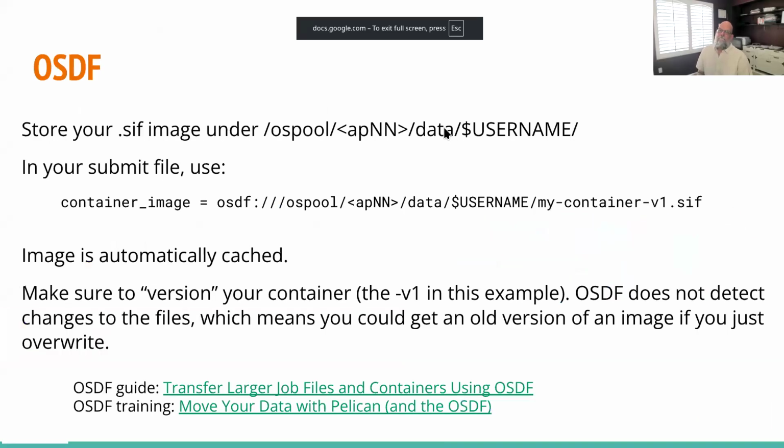First, we have to learn about something called OSDF, the Open Science Data Federation. The reason OSDF is important is that the images that we're building, like this SIF image, can be a bit large.